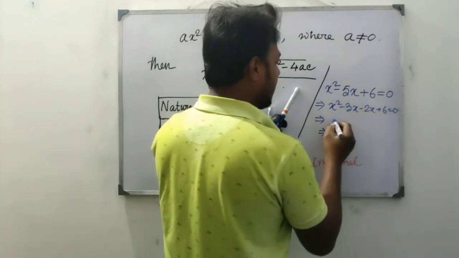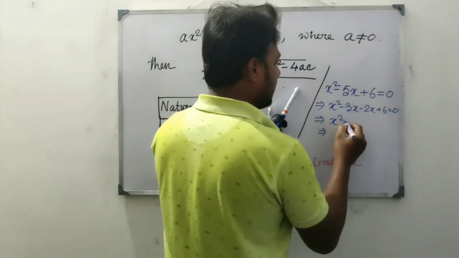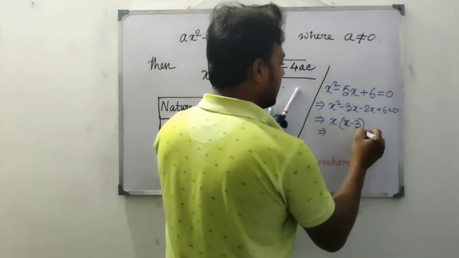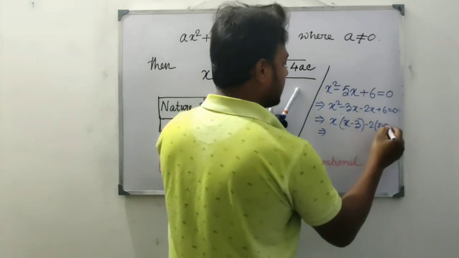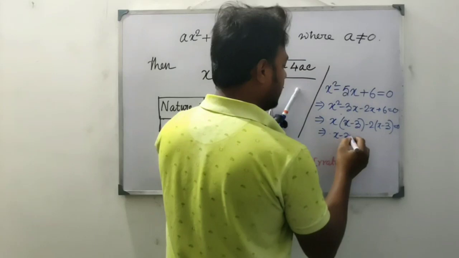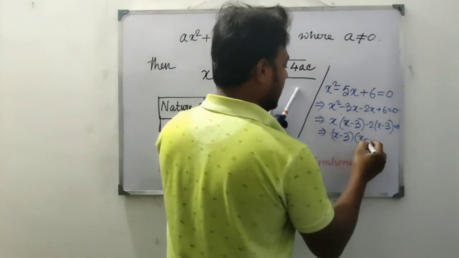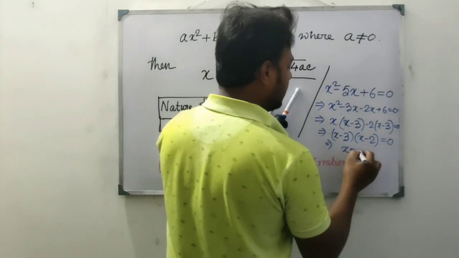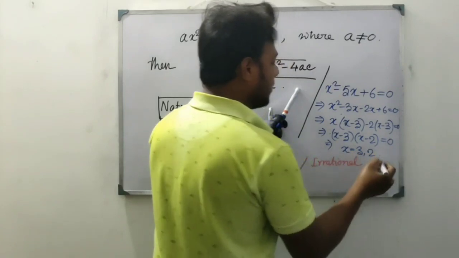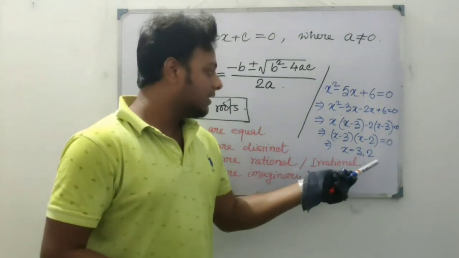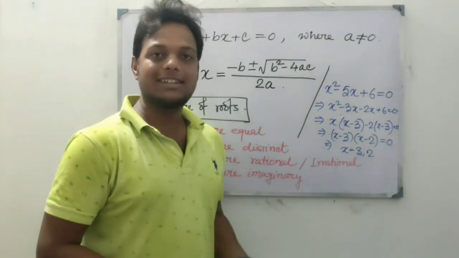Taking x common, x into x minus 3, minus 2 common, x minus 3 equals to 0. Therefore x minus 3 into x minus 2 equals to 0. So one root will be x equals to 3, another will be 2. So roots are 3 and 2. Here roots are real, and these two are distinct numbers.